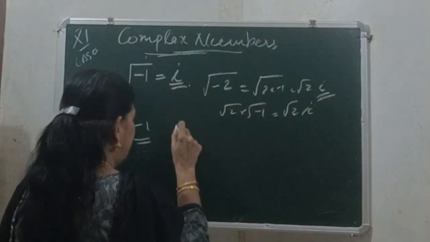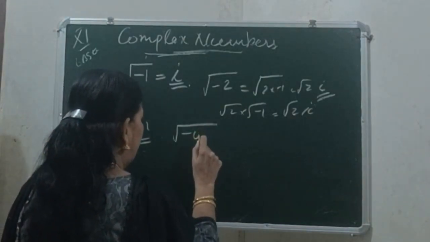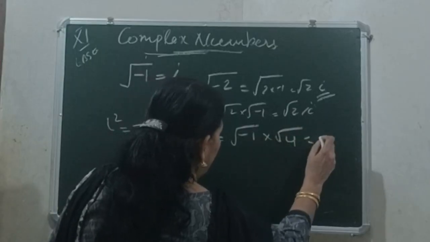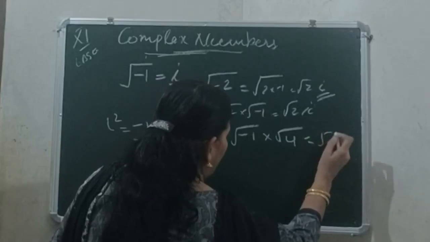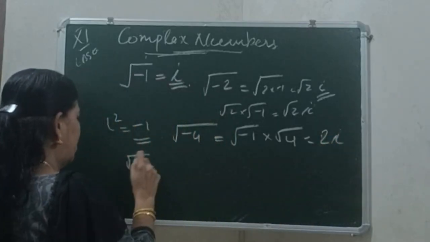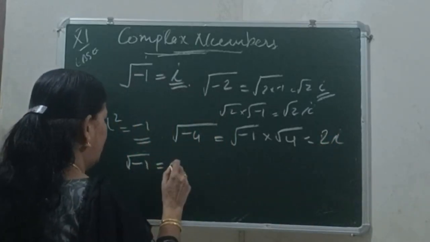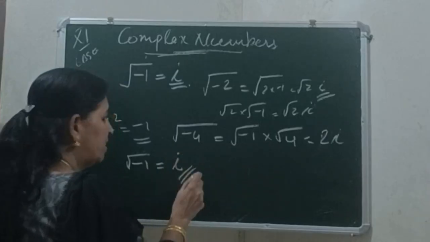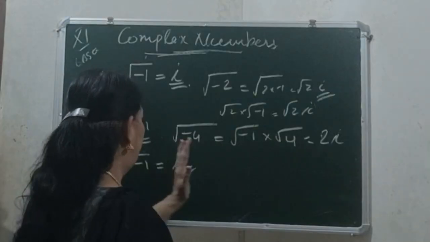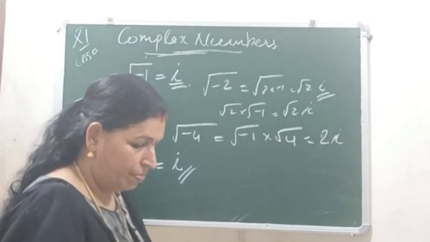That is imaginary. Square root of -4 equals square root of -1 into square root of 4, which equals 2 into i. Root of -1, that is the square root of a negative number, is i. The square root of a negative number is an imaginary number.